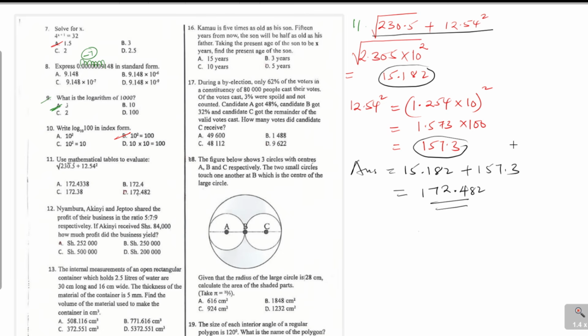And when you're adding the decimals, remember you're supposed to arrange them like this: 15.182 plus 157.3, like that. So that is how you're supposed to do it. So that is 172.482. So the solution is D. So that is how you're supposed to do that.